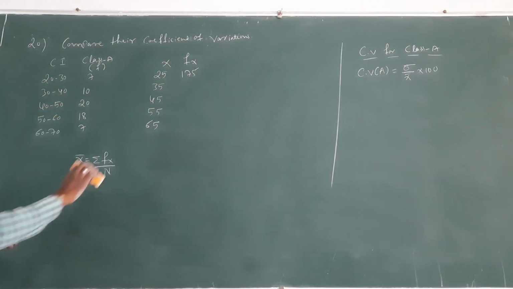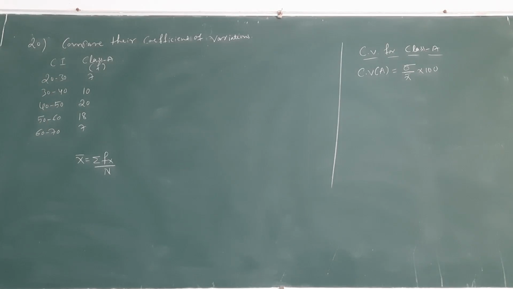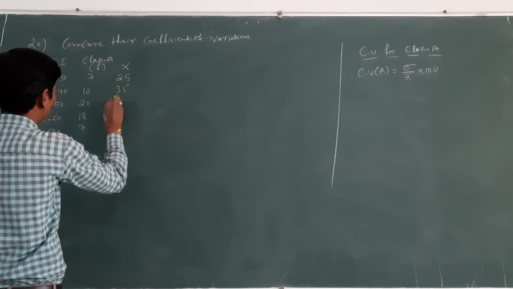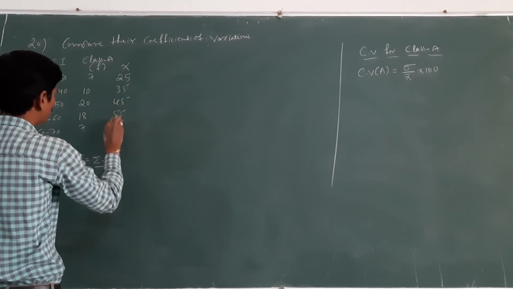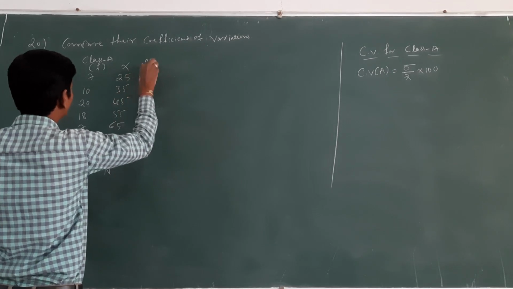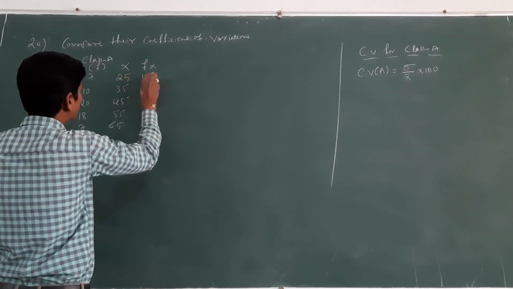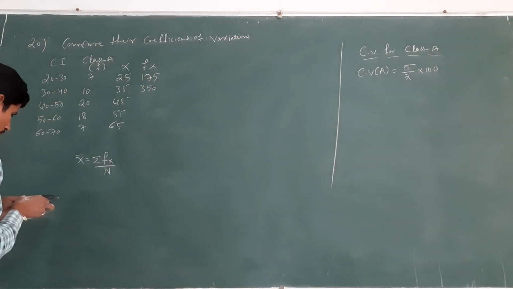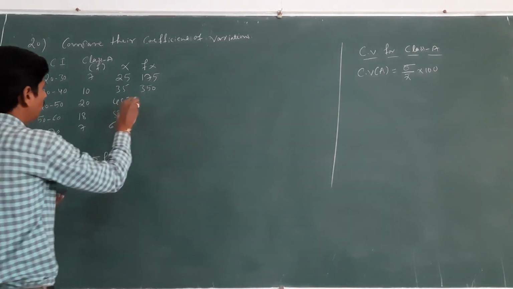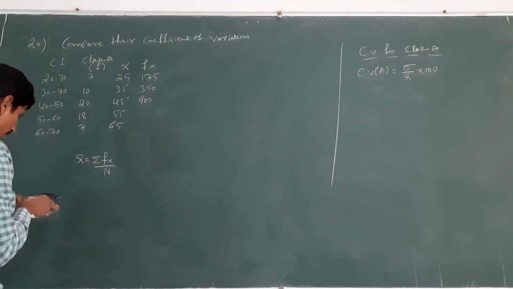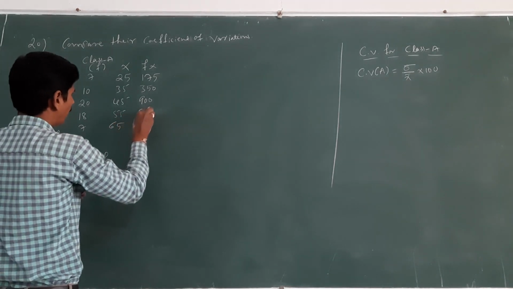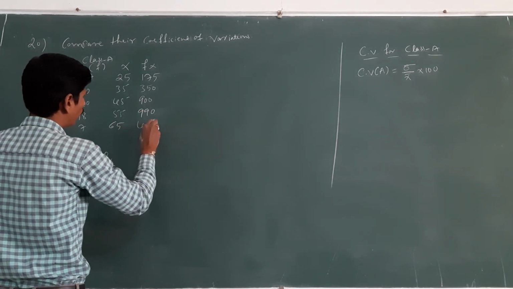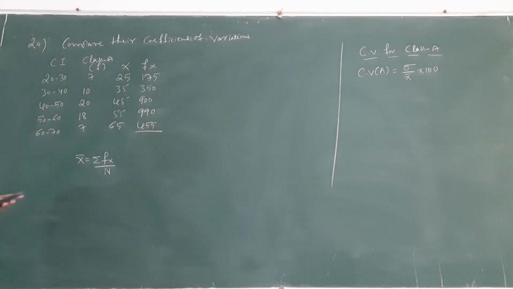The x values are 25, 35, 45, 55 and 65, and f into x: 7 into 25 is 175, 10 into 35 is 350, 20 into 45 is 900, 18 into 55 is 990, and 7 into 65 is 455.